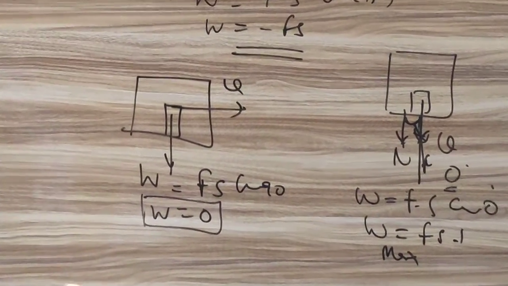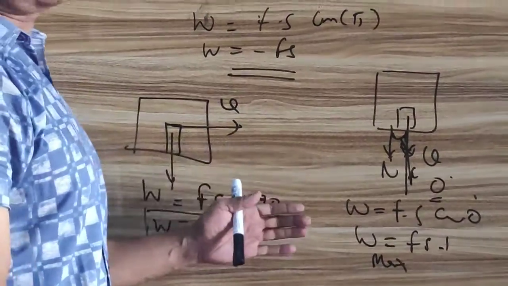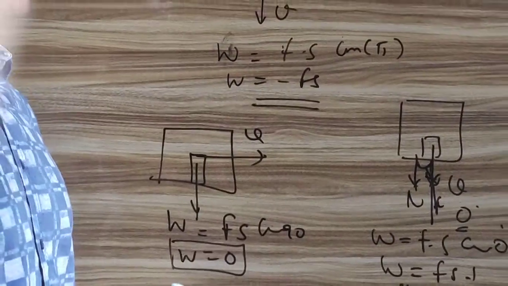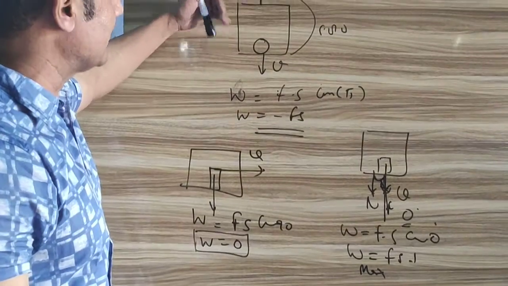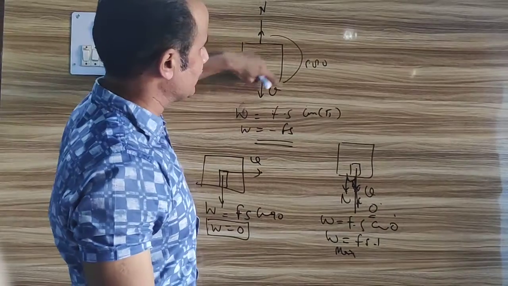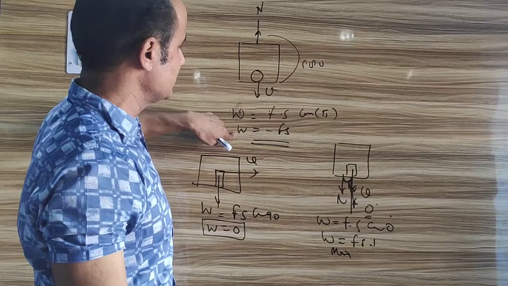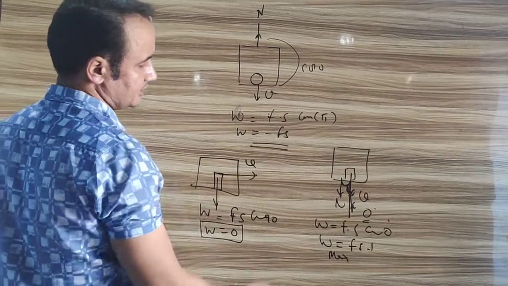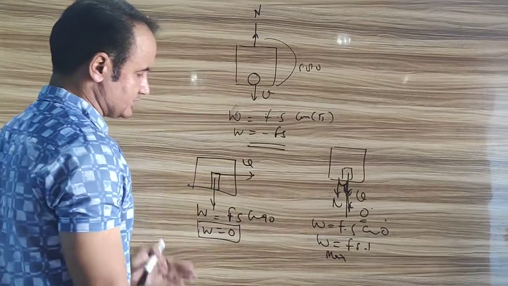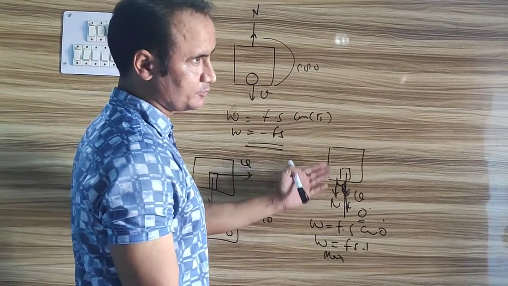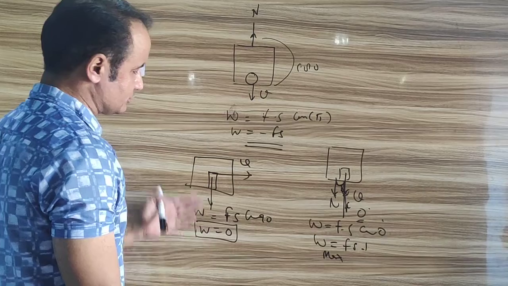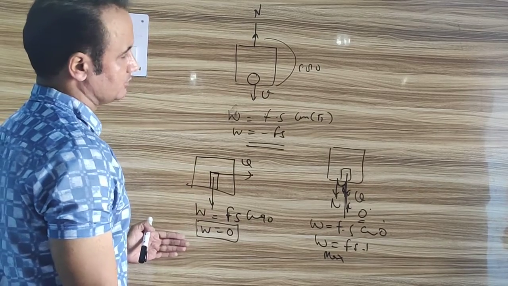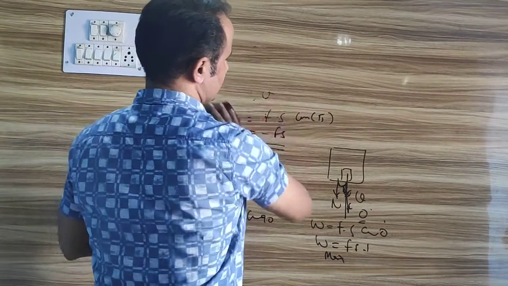So we have seen how the work can be categorized with respect to normal depending upon the different angle. If the angle between the velocity and normal is 180 degree, the work is negative, and positive when the force is along with the velocity, and if it is perpendicular, the work becomes 0.